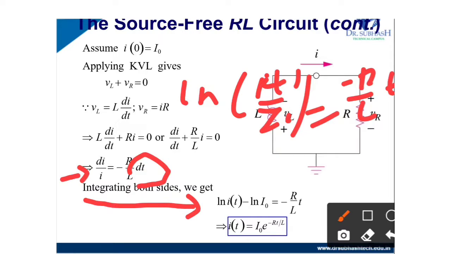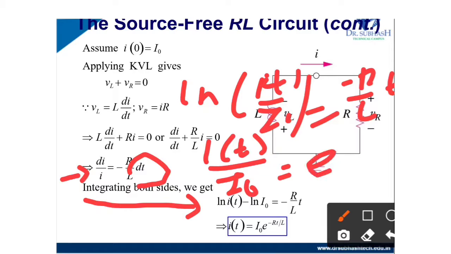If we take the anti-log on both sides, we get i of t divided by I0 equal to e raised to minus Rt by L.